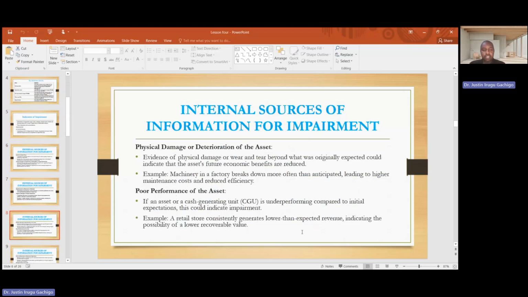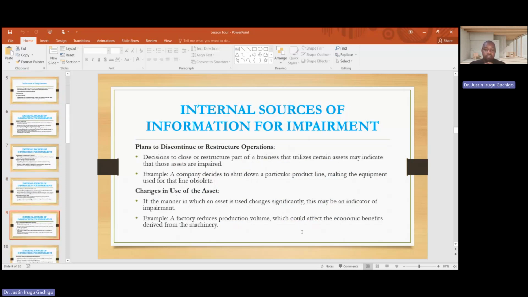And sometimes you could find that the posho mill has broken down, so people cannot get the unga. For poor performance, you find that an asset could, for example, let's say the commercial flour mill produces 100 barrels per day. So the machine now is producing 50 barrels per day. That means the asset is not performing at its optimal levels.